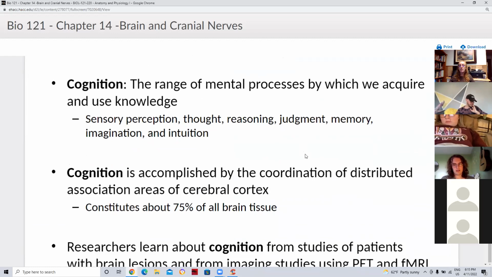Cognition is accomplished by the coordination of distributed association areas of the cerebral cortex. So we talked about primary cortexes, and then we talked a lot about association areas, and we'll talk more about association areas here, where they're coordinating.